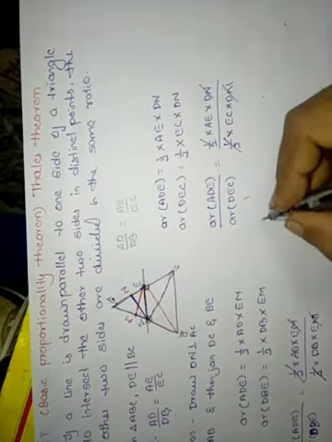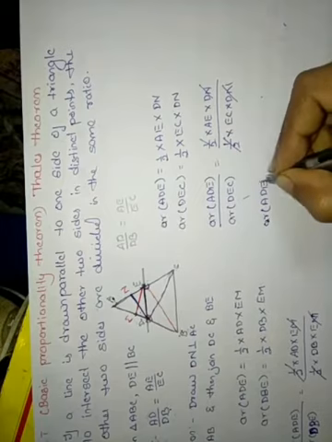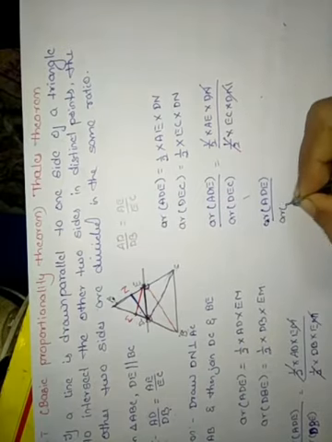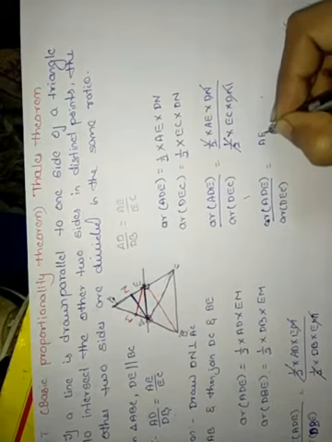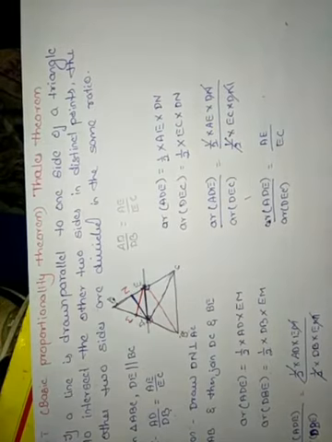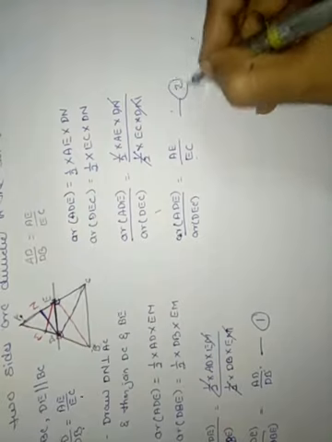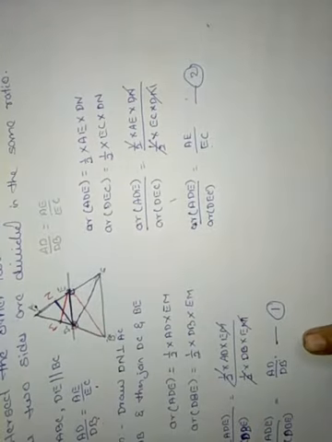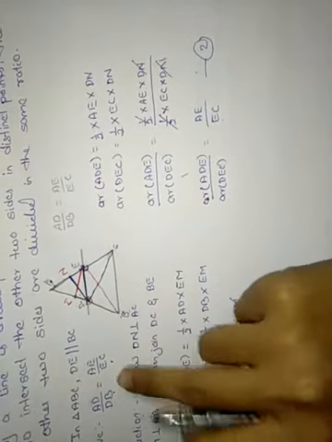Half cancels, DN cancels. The remaining part is area of triangle ADE divided by area of triangle DEC equals AE divided by EC. Now we call this equation 1 and the other equation 2. Now we have to show that equation 1 equals equation 2, then only we'll get this result.